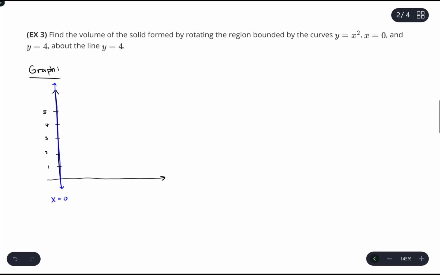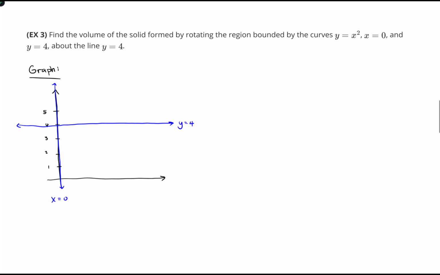And then y equals 4, of course, would be a horizontal line right here. And y equals x squared. I'm going to make the units along the x a little bit wider, just because square functions rapidly increase, and I want to be able to see my region nicely here.